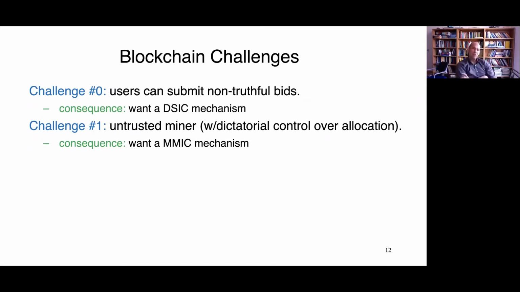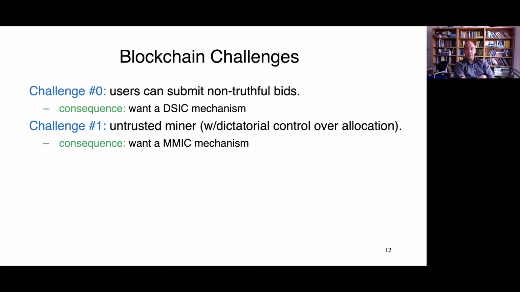First, as I mentioned, these miners who are competing for the privilege of adding blocks to the blockchain, when you earn that privilege, when you solve one of these proof of work crypto puzzles, you have total control over what the block contains. And this has implications for the transaction fee mechanism design. Because you may design a mechanism and have in mind some allocation rule that you want to be carried out, but the miner is under no contractual obligation to carry out the allocation rule that you had in mind.